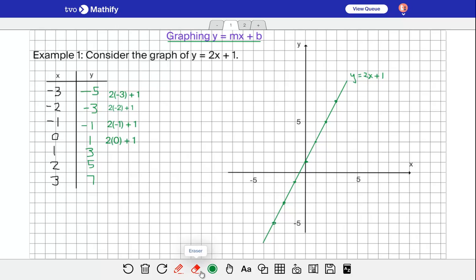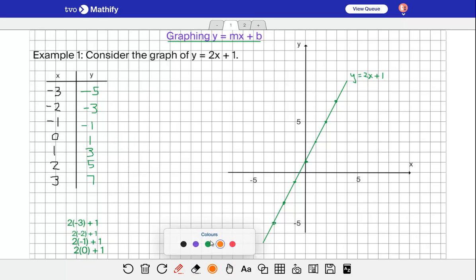Now I'm just going to move these text boxes out of the way here. I want to talk about the table of values. So let's change colors here. I already mentioned some of this. To go from -5 to -3, we're going up 2.